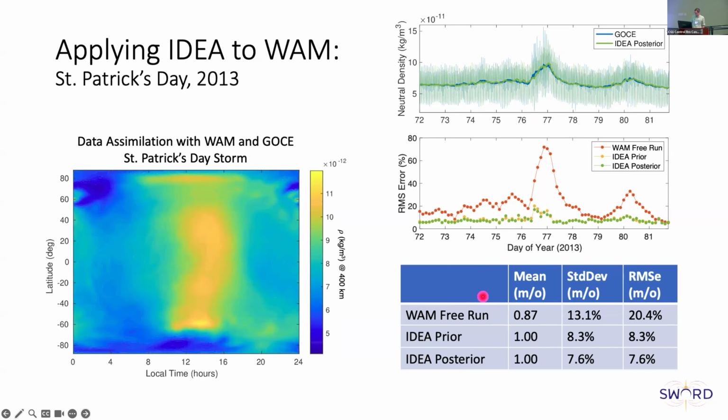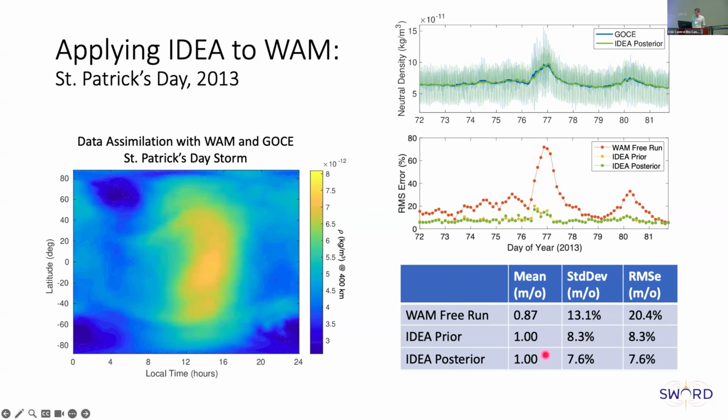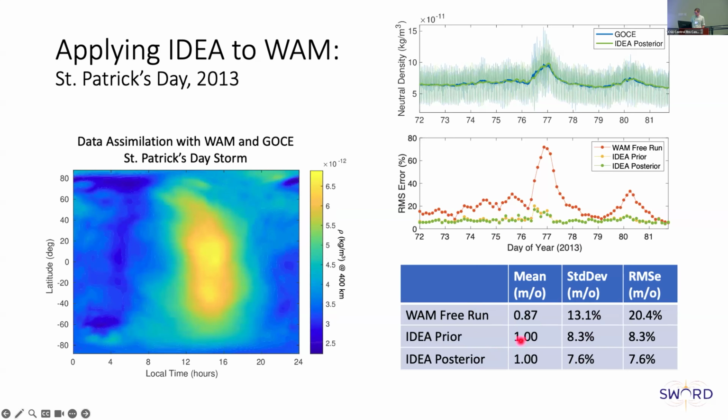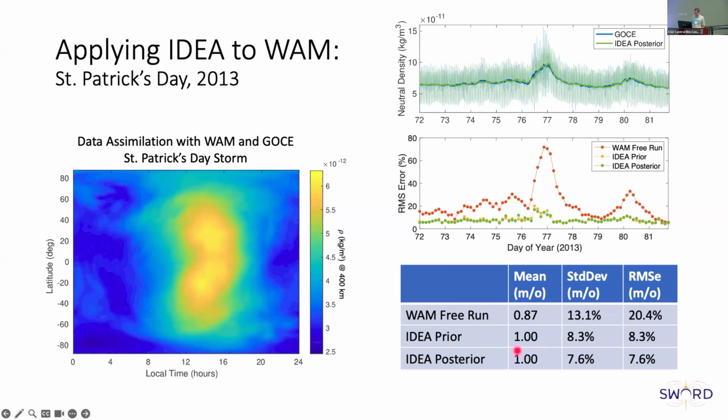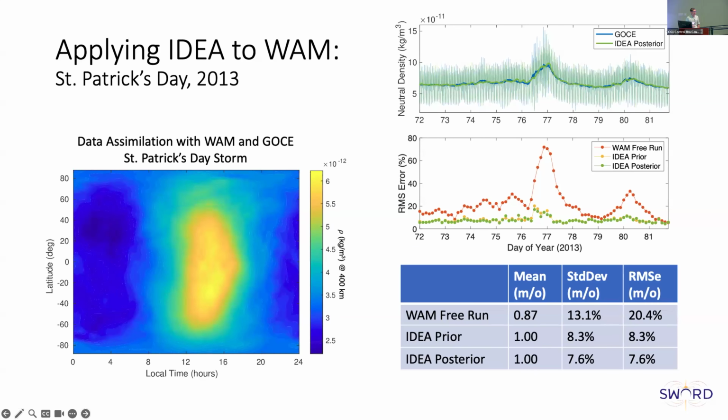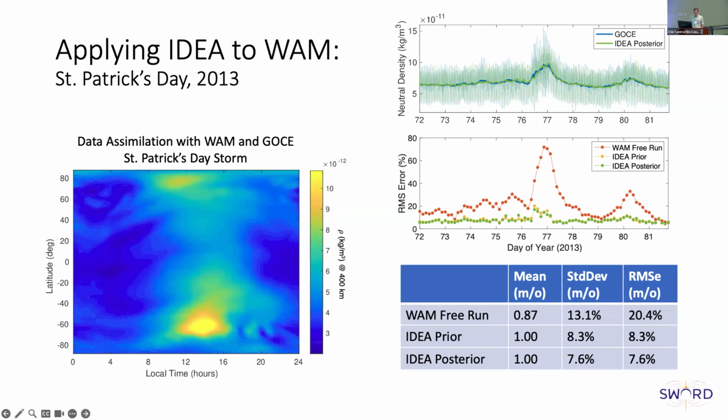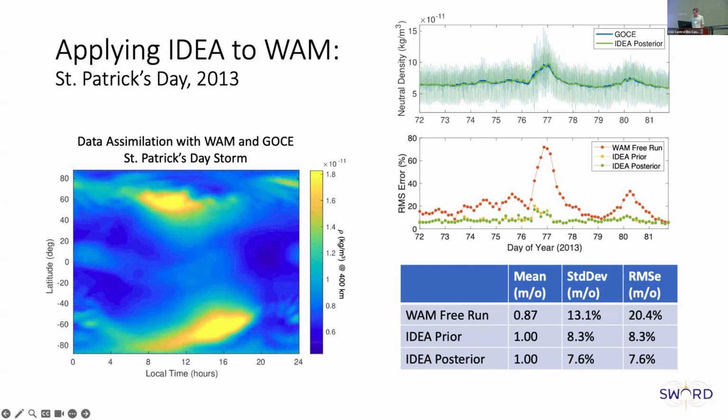But again, this is the mean model to observation ratio, and you can see the mean bias here of the free run, and both the prior and the posterior are pretty much unbiased. So that's a good thing, and then the standard deviation decreases as well.